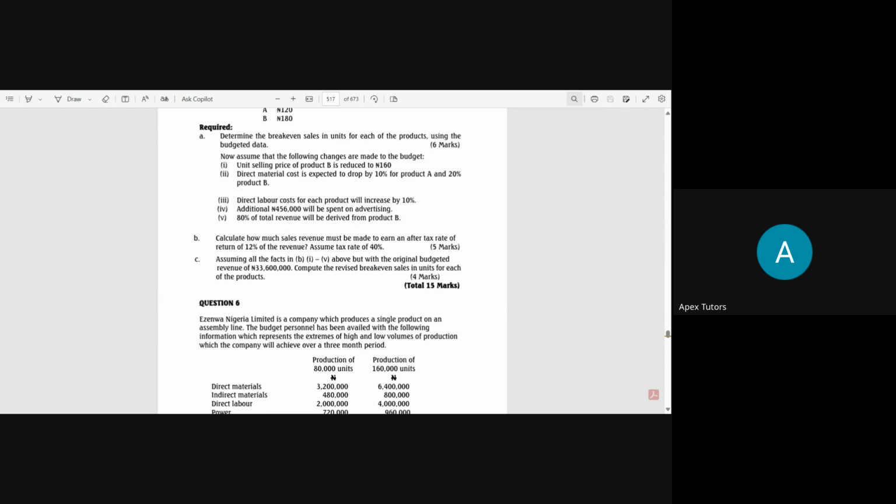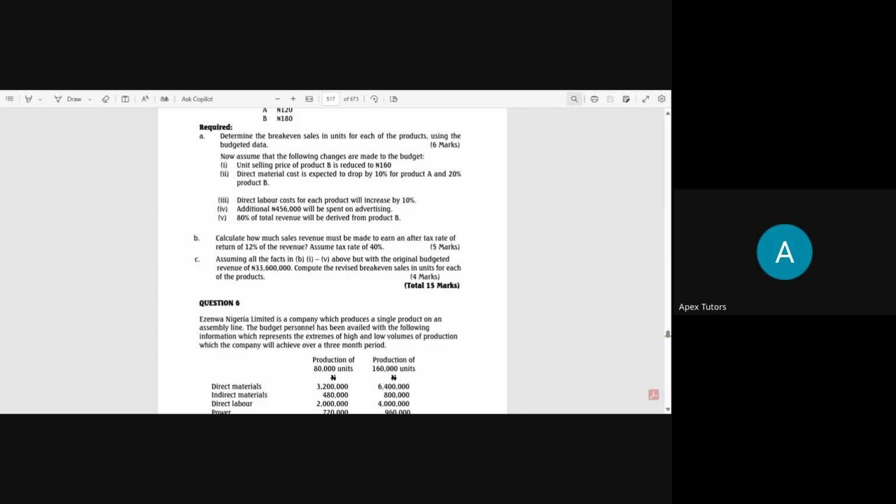You can see it's very confusing, because the A part only asks to determine the break-even sales in units for each product. Now they are bringing all these stories. If you don't know, somebody will go to the exam hall and use these whole stories to solve for A, which is not so.